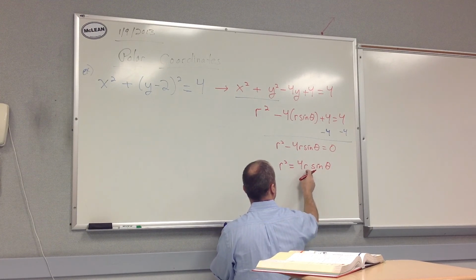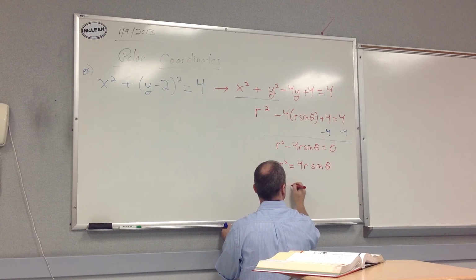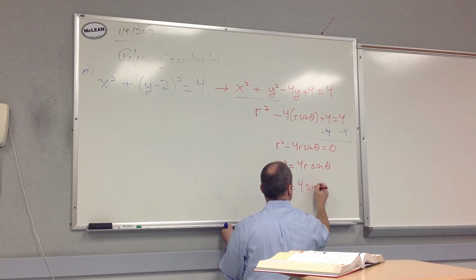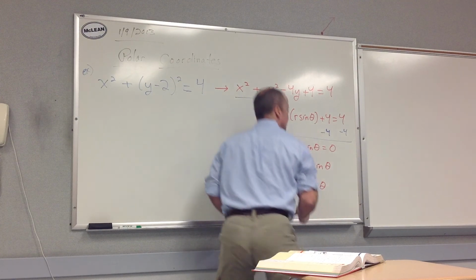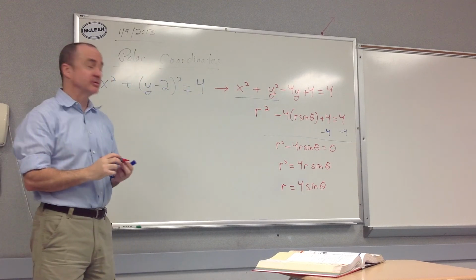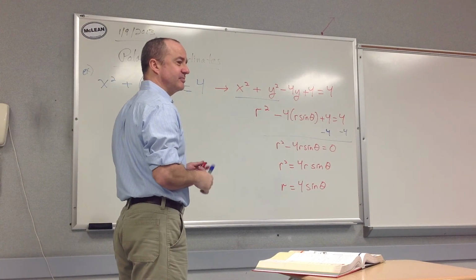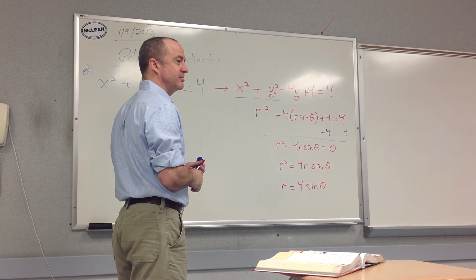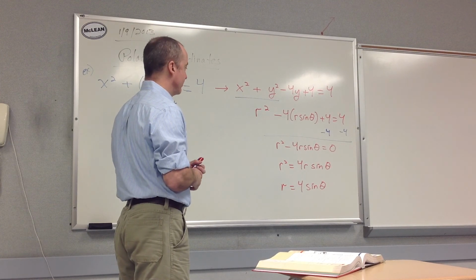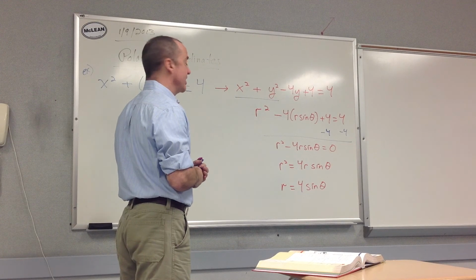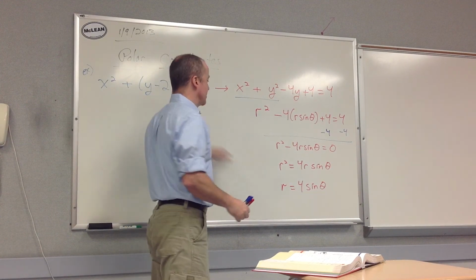I am now going to divide both sides by r, and I'm left with r equals 4 sine theta. Apologies for the rushed algebra there. We're almost out of time. Any questions on that? Have I successfully converted this into a polar function?